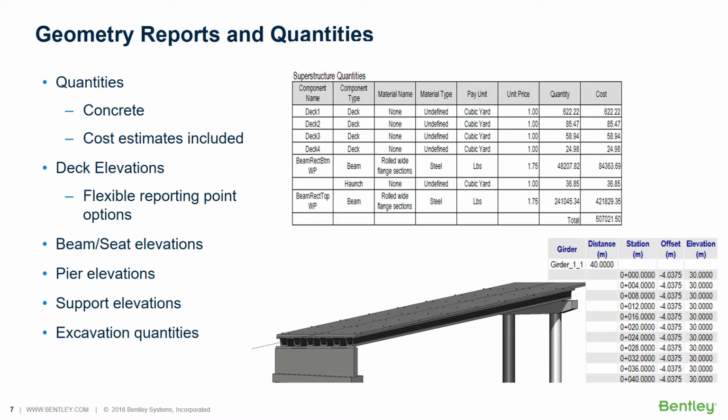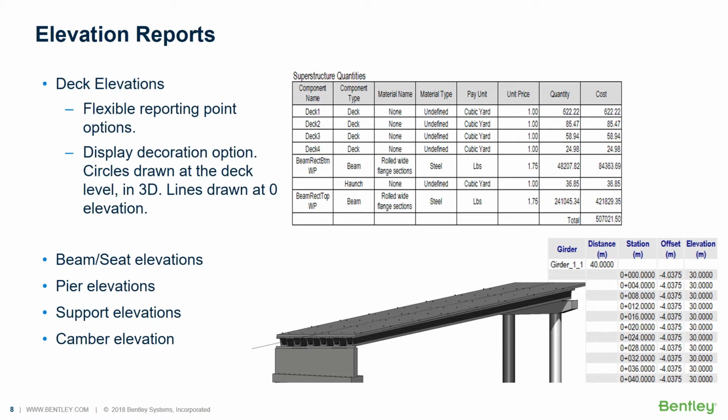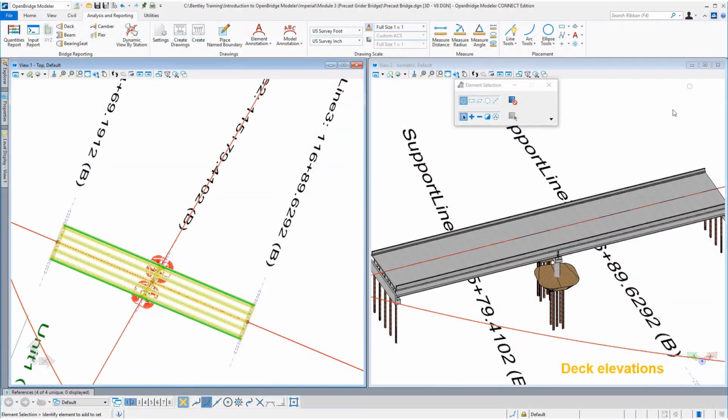Basically, we can report anything related to the bridge, either geometrically or quantity-wise. Now, think about it. We're reading the alignment, profile, and superelevation of the bridge, meaning that we can access the real geometry information of the bridge.